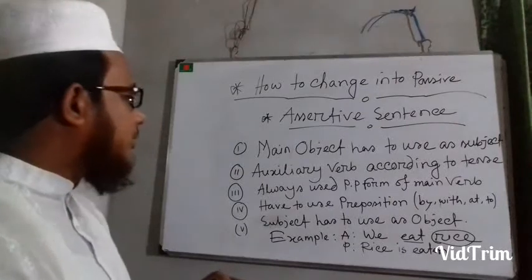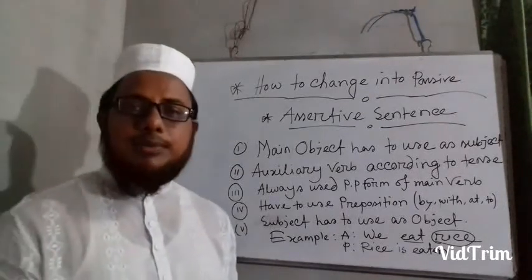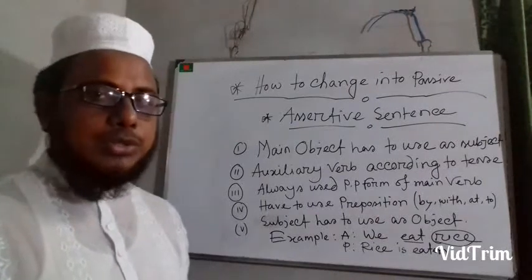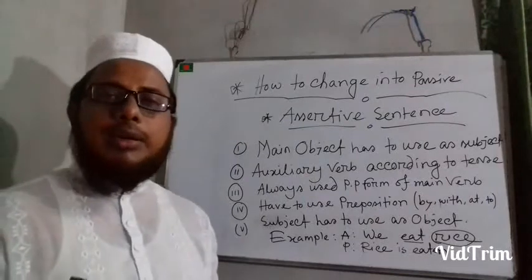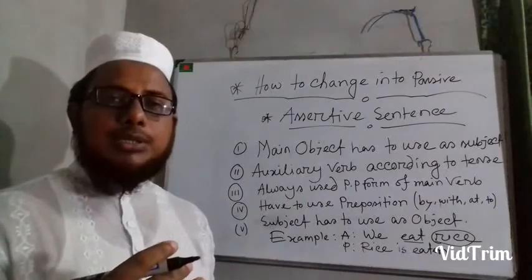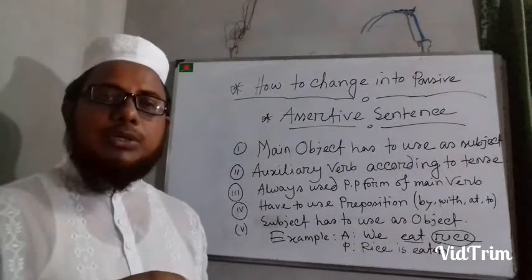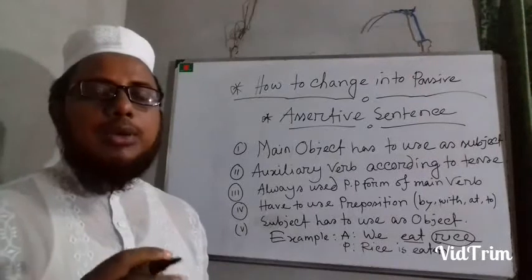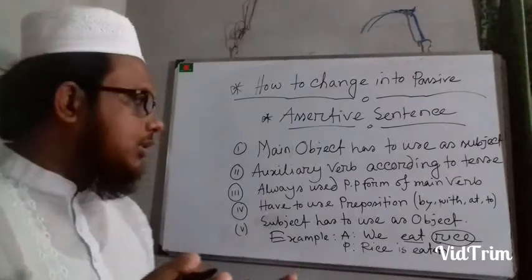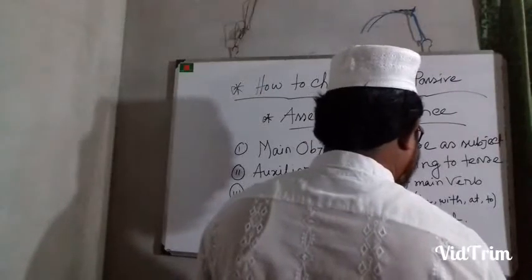And then we have to use a preposition: by, with, at, to. Most of the time we can use by, and other prepositions if needed. Okay, rice is eaten by.